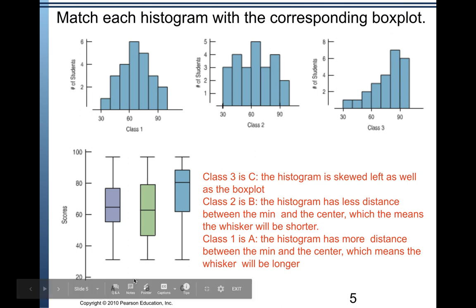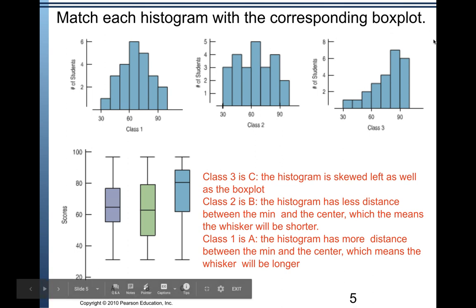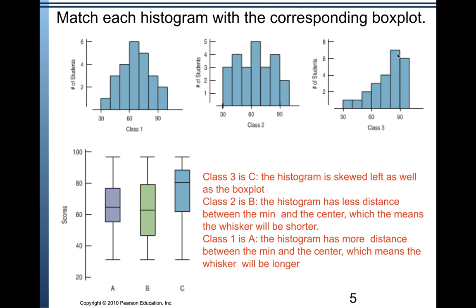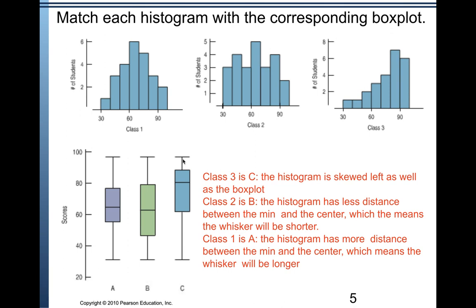So to sum up here, the ones that are easy to match up with are the skewed ones. This one was clearly skewed to the left. This one, the whisker was clearly longer than the right whisker, or the upper whisker. The other two were symmetric, so I looked for which one has the longer and which one has the shorter distance between the minimum and the mode, the center.